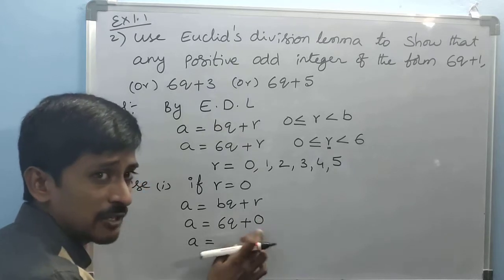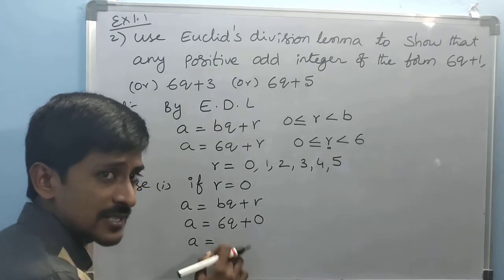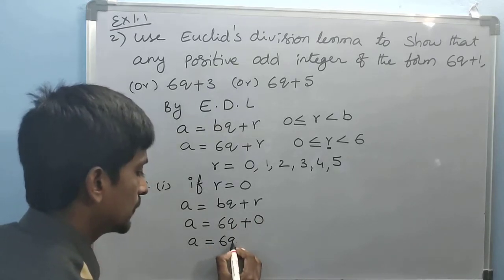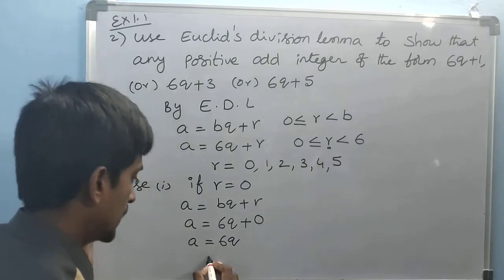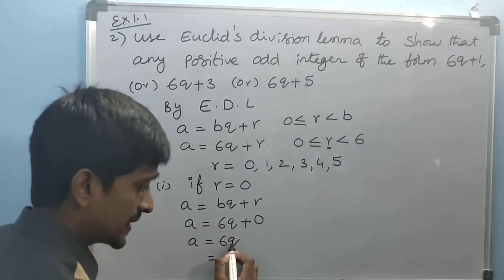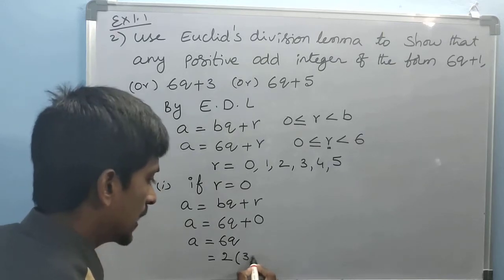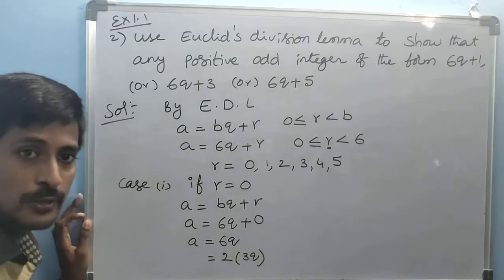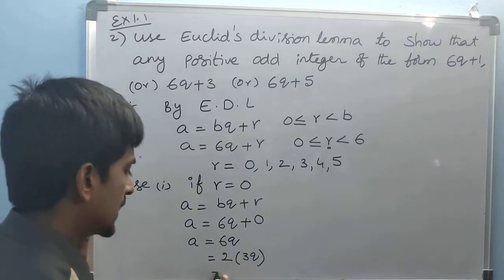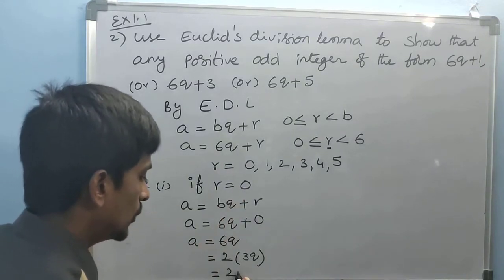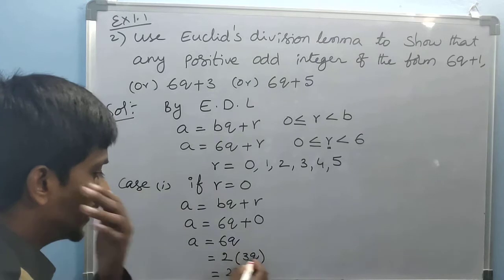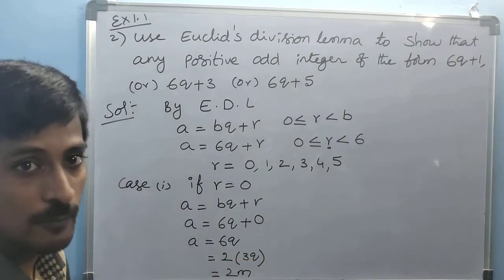If 0 is added to any number, it gives the same number. So A equals 6q. Okay, 6q can be written as 2 into 3q. That is equal to 2 into something, the 2m form.